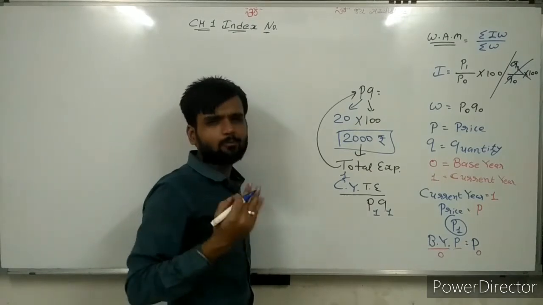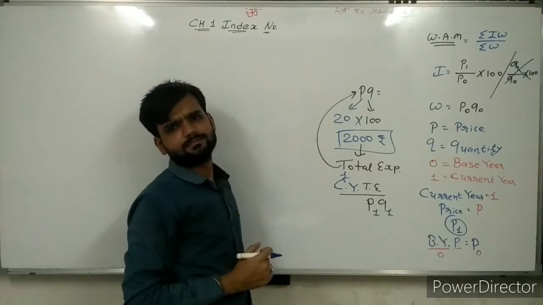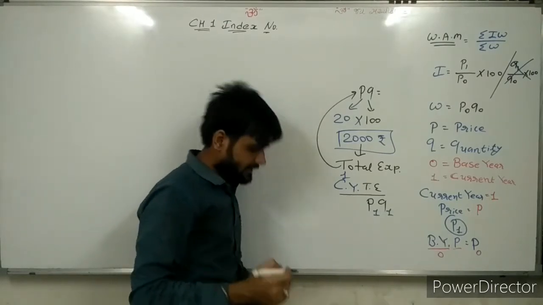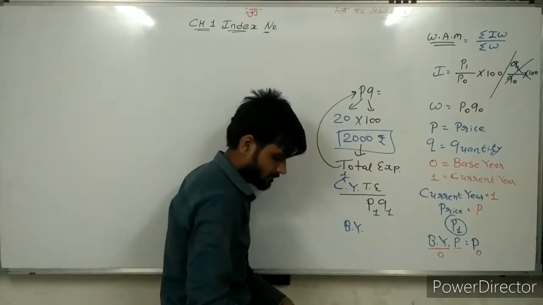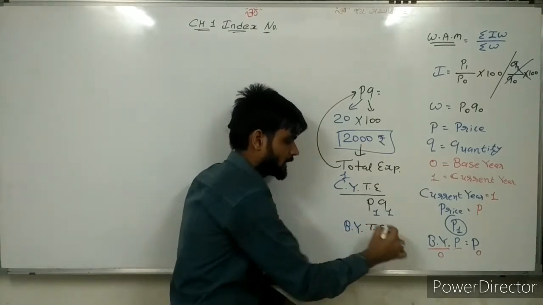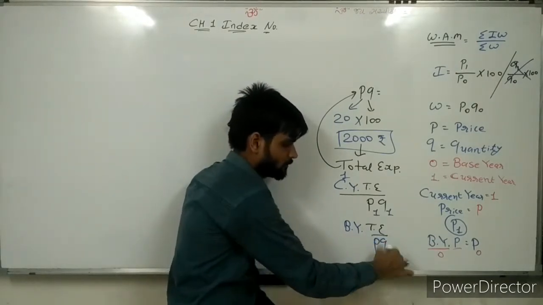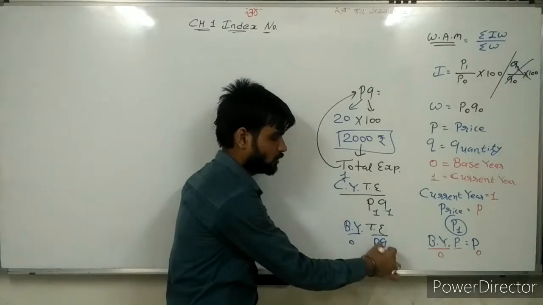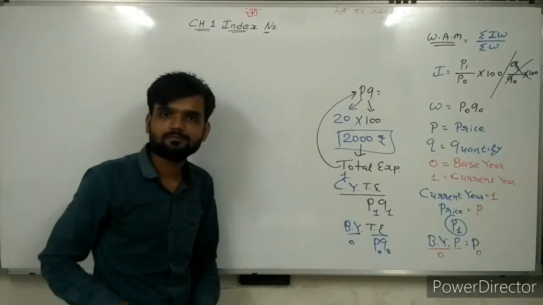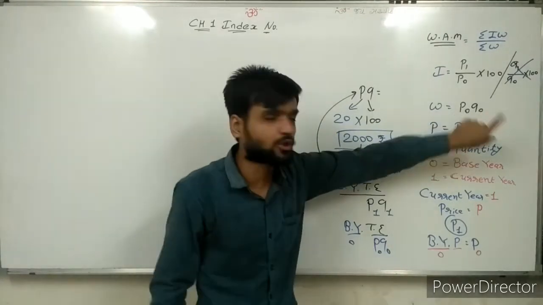So this is a very important point which we need to understand today. In the same way, base year total expenditure. Again total expenditure means PQ and base year means 0. So P0 into Q0. So can I say W is equal to P0 Q0?